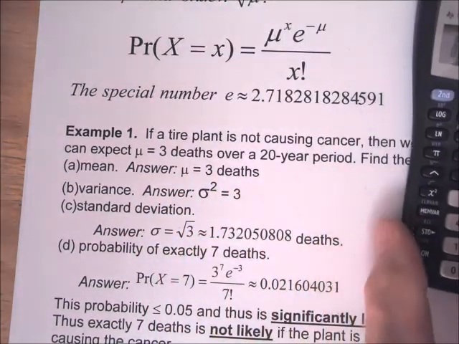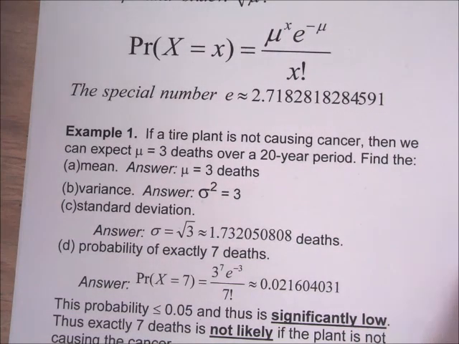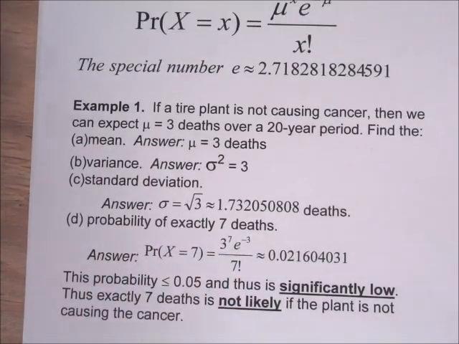So that's significantly low. The probability of 7 deaths is not likely if the plant is not causing the cancer. A lot of times with these kinds of situations, if you have an unusual number of deaths, the question arises: is there something in the plant that's causing these deaths?